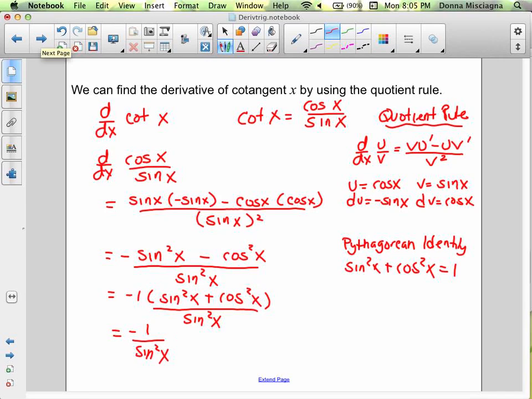But maybe we want to rewrite that so we don't have a fraction. What is 1 over sine x equal to? Well, this is a reciprocal identity. 1 over sine x is equal to cosecant x. So negative 1 over sine squared x is equal to negative cosecant squared x.